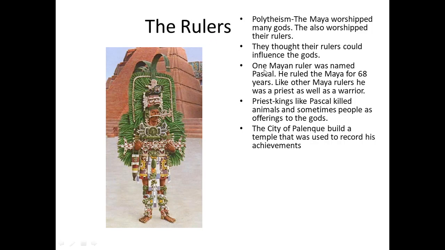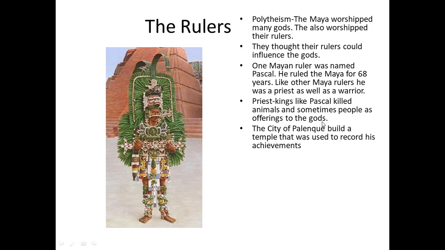So, one Mayan ruler was named Pascal or Pakal. He ruled Maya for 68 years. Like other Maya rulers, he was a priest as well as a warrior. Priest kings like Pakal killed animals and sometimes people to offer to the gods.